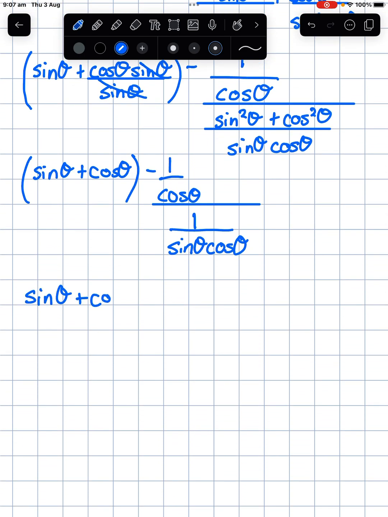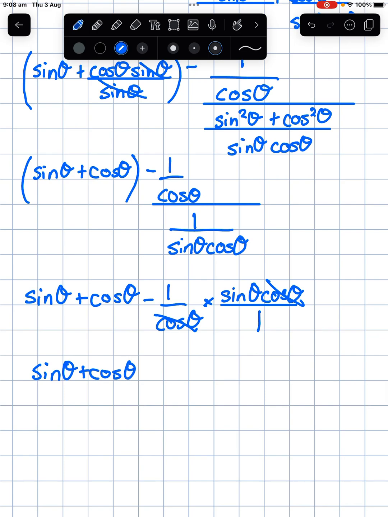Sine theta plus cosine theta minus 1 over cosine theta, and that will be times sine theta cosine theta over 1. Our cosines there are going to cancel, and we're now left with sine theta plus cosine theta minus sine theta, which just equals cosine theta.